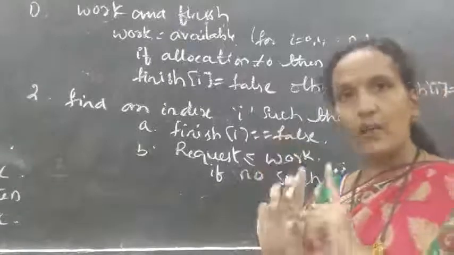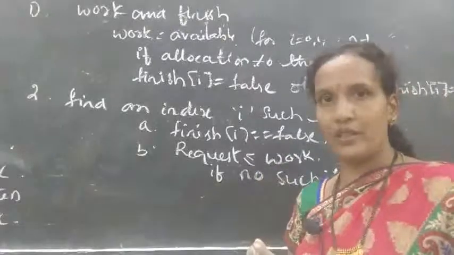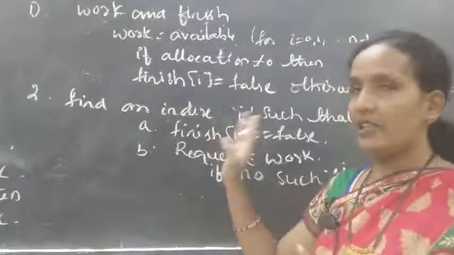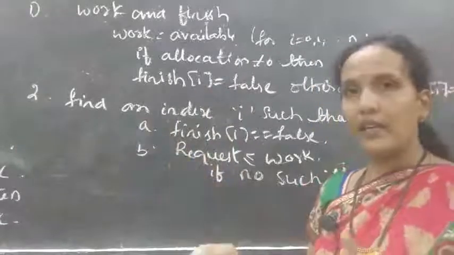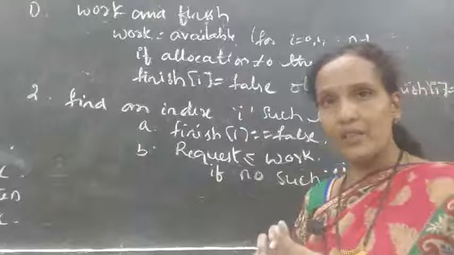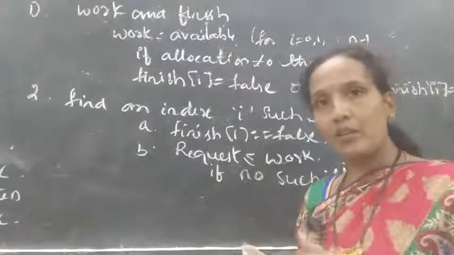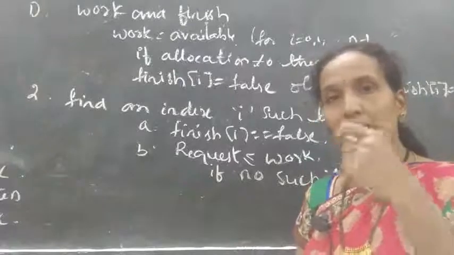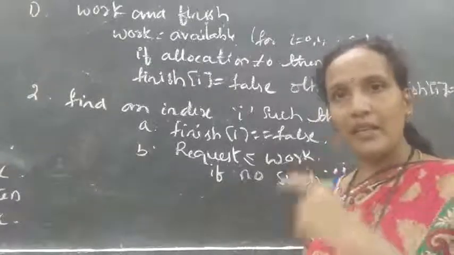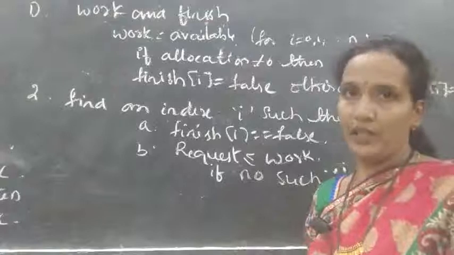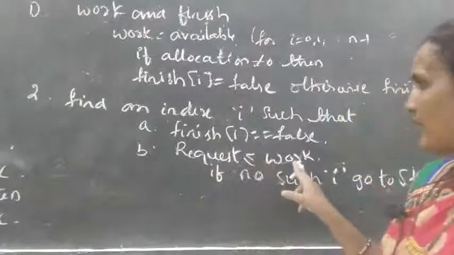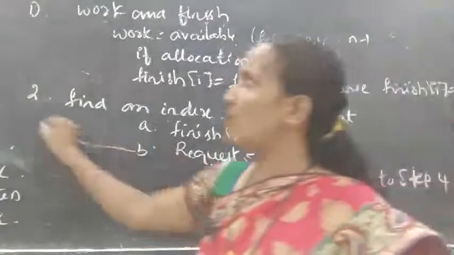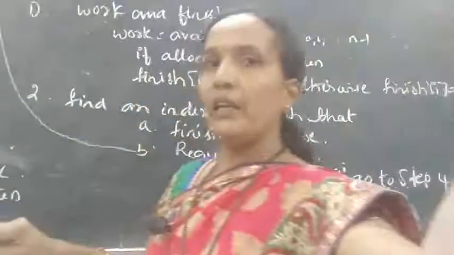First you need to check whether the process completed its execution or not. If that condition is true, come to the second one. In the second one, you need to find the process that has not completed execution, and whatever resources that process is requesting is less than the available resources. Then we'll go to step 3. In step 3, you can check what I have given.